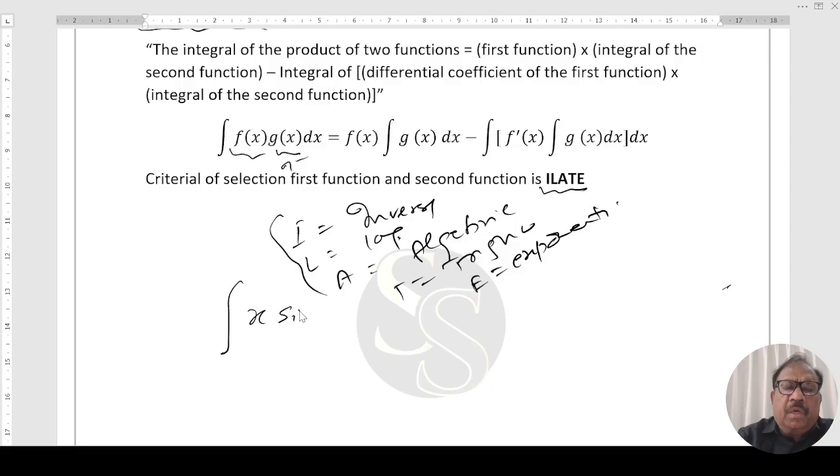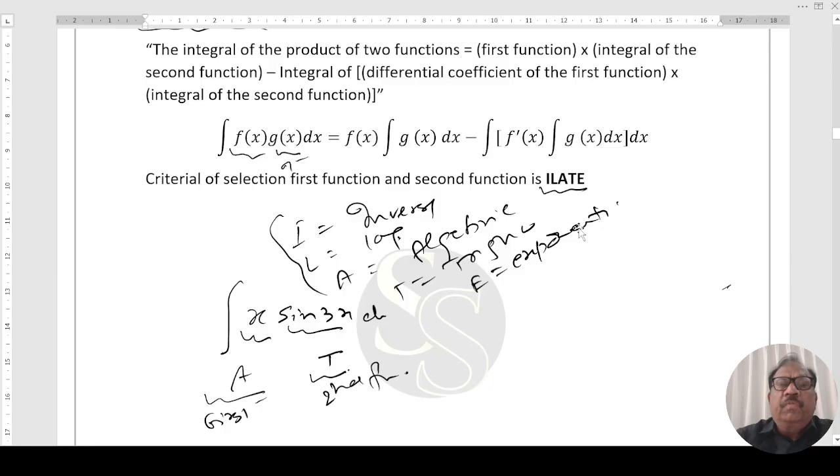So in this case, x sin 3x dx: this is algebraic, this is sin 3x, which is trigonometric. According to ILATE, algebraic comes first, so this will be the first function, and trigonometric will be the second function.